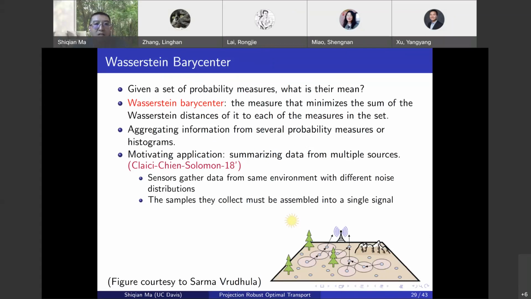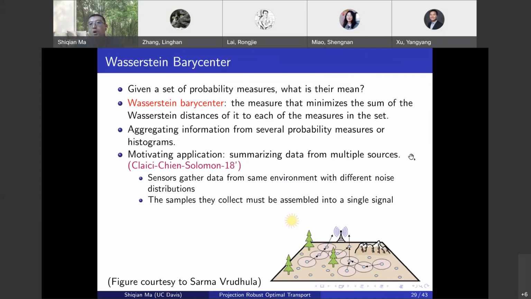Now imagine that the given objects are a set of probability measures. What is their mean? One way to define the mean of probability measures is the so-called Wasserstein Barycenter. The Wasserstein Barycenter is the measure that minimizes the sum of the Wasserstein distances from it to each of the measures in the set.